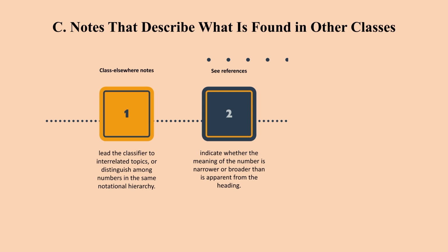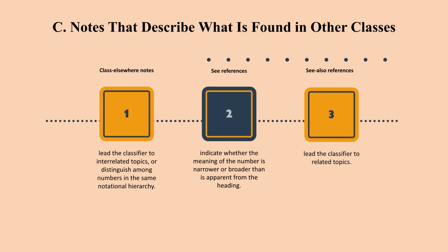It means when the scope of the subject is misleading, then we may find the see reference note. And finally, the see also reference leads the classifier to related topics so that we can understand the difference between the two class numbers and finally choose our own.